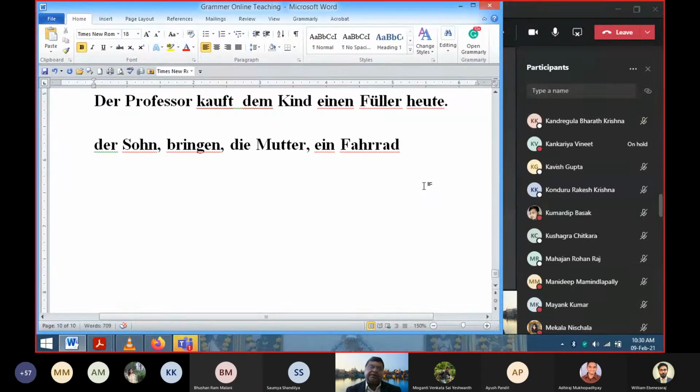Fahrrad is a neuter noun. When I'm using ein, you might be confused whether it's masculine or neuter, because ein is common for both. So Fahrrad is neuter gender. Bicycle.